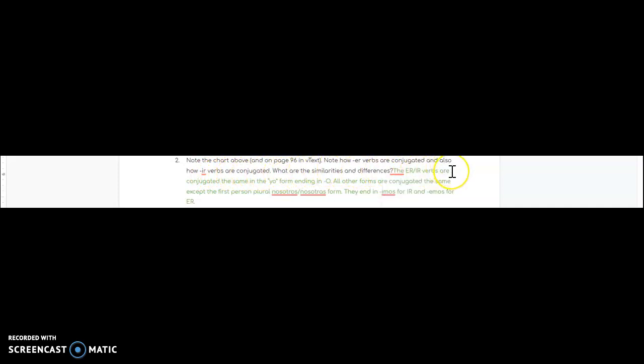So again, these answers are going to vary, but I went ahead and put the full gamut, which is the ER and IR verbs are conjugated the same in the yo form, ending in an O. So you take the stem and you drop the ER, IR, and you add the O for the yo form. All other forms are conjugated the same except the first person plural nosotros and nosotras form. They end in imos for IR verbs and emos for ER verbs.